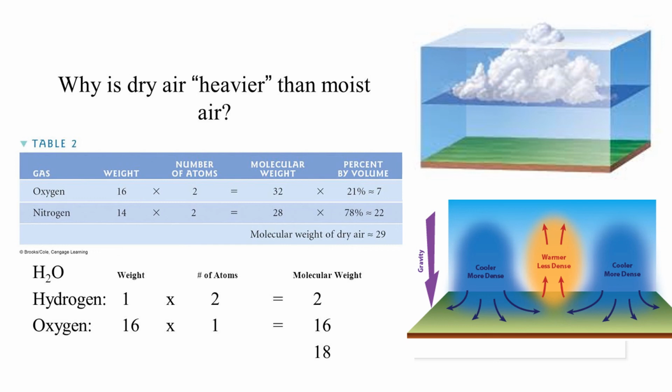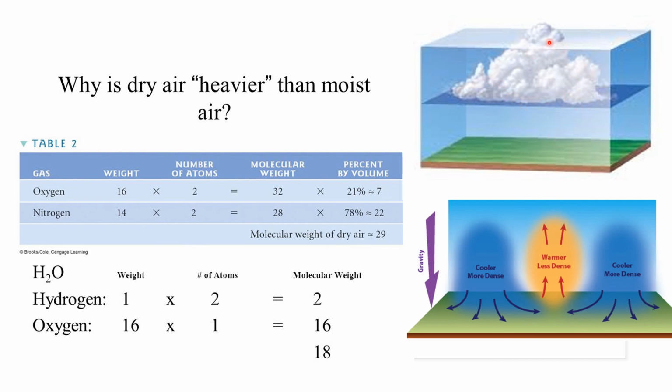Over here, when air is heated up, it becomes warmer and less dense, and if more evaporation happens, then this water vapor with air goes up all the way here, making cloud.